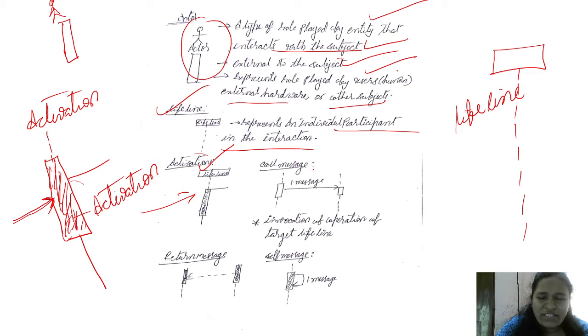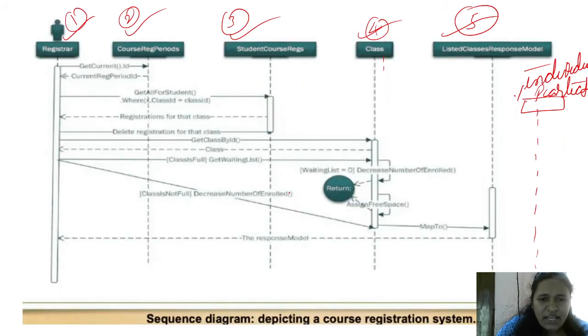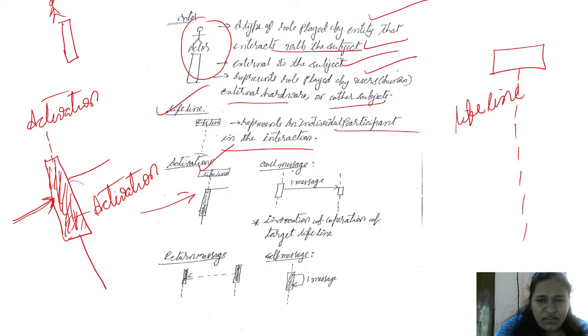Next, call message. See here, there is an activation, right? The student course page is active here because the register wants to communicate with the student course register. This is a call message.